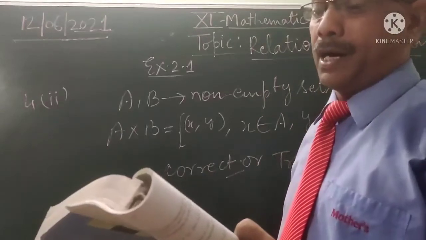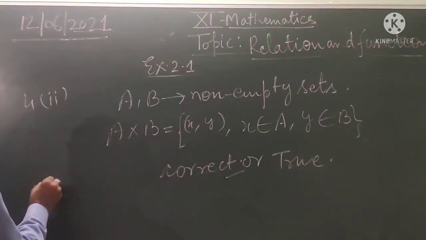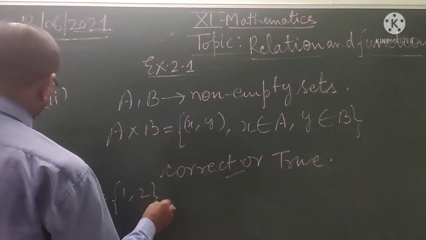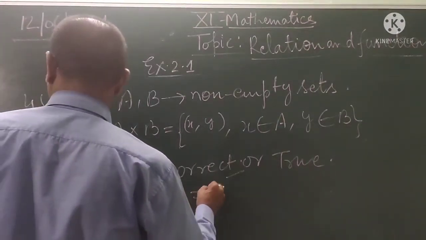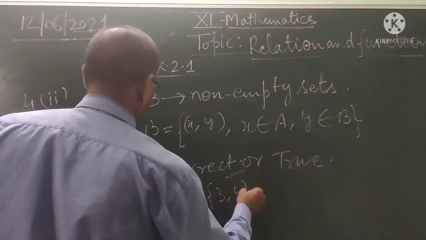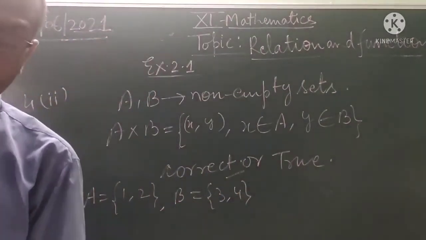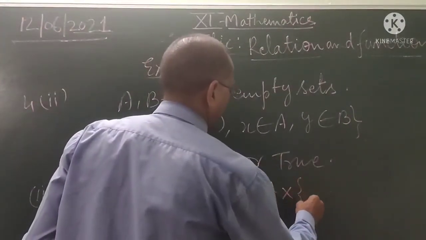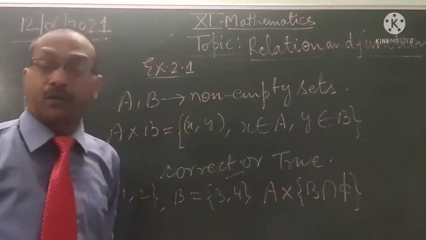And the third part. A equals {1, 2} and B equals {3, 4}. Then find (A cross B) intersection null set equals null set.